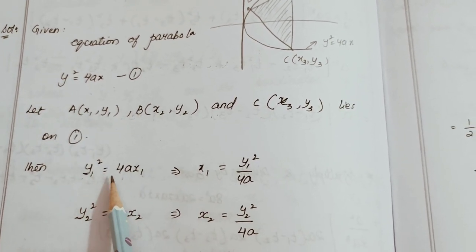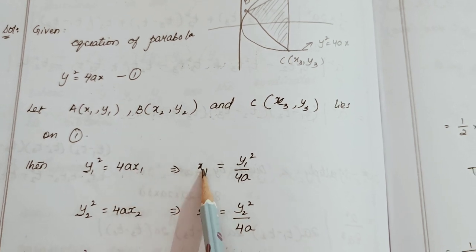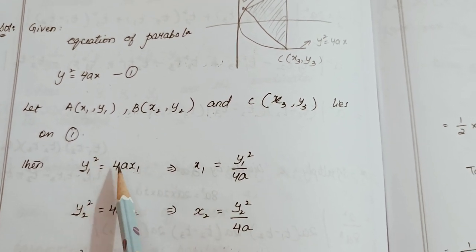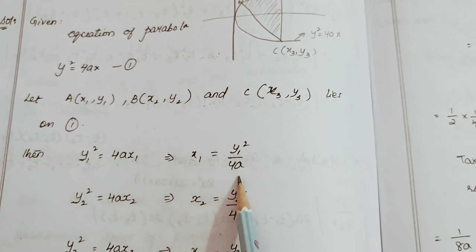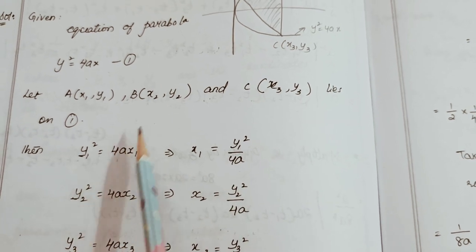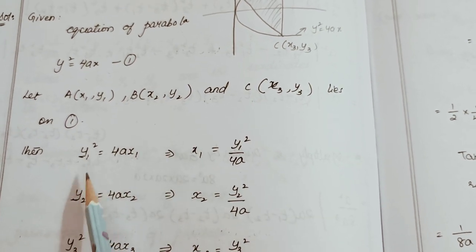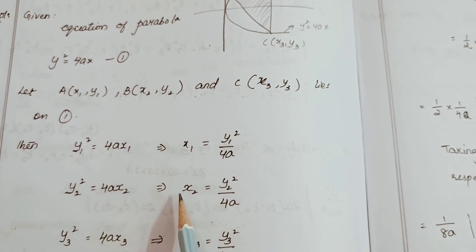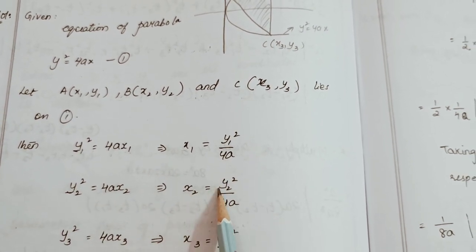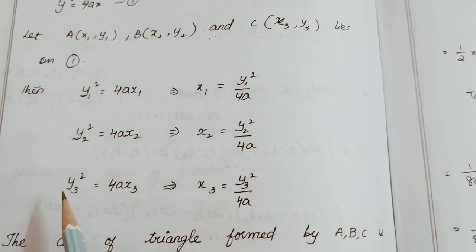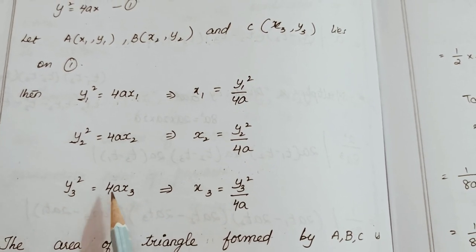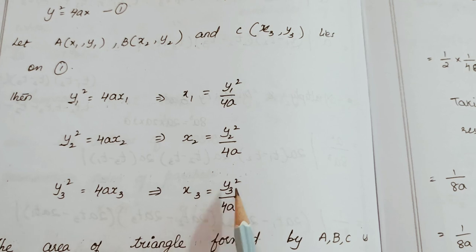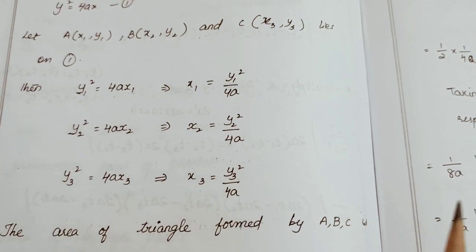From this we will get the x1 value: x1 = y1²/4a. Similarly, y2² = 4a x2, so x2 will be y2²/4a, and y3² = 4a x3, so x3 will be y3²/4a.